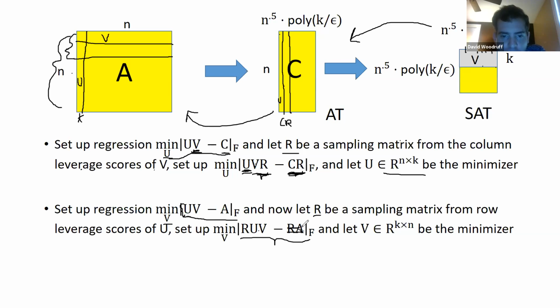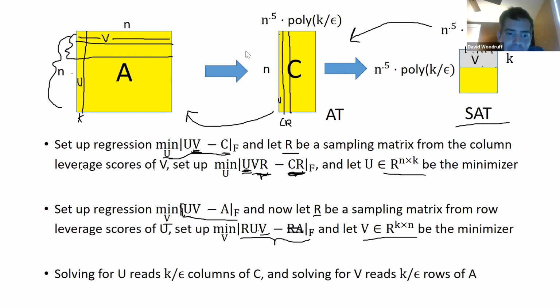Now we've set up this small regression problem, and we can solve for V, which sits inside of those K over epsilon rows. It's a good right factor. We're done. Okay, so we went back through a sequence of regressions that all just involve sampling based on probabilities that were defined by matrices that we knew, that we either accumulated by going backwards or found from this very tiny matrix in the beginning.